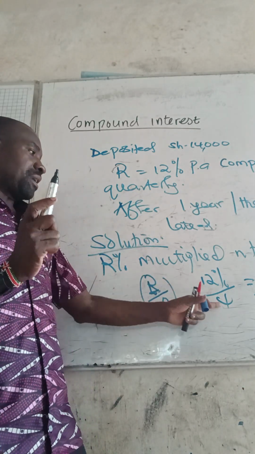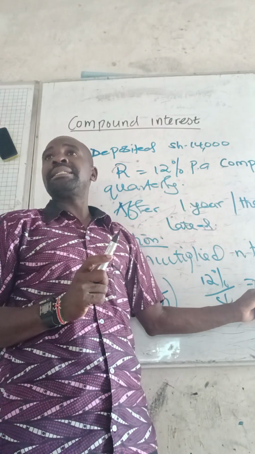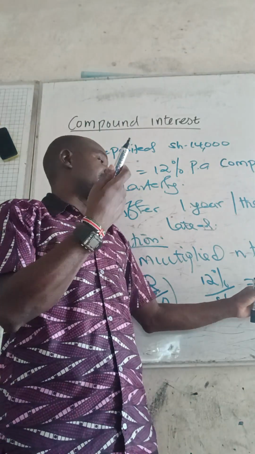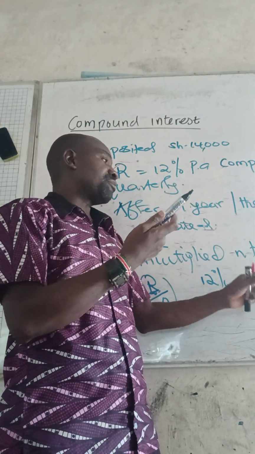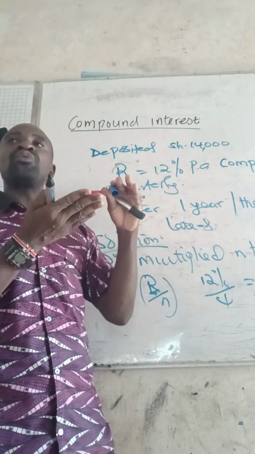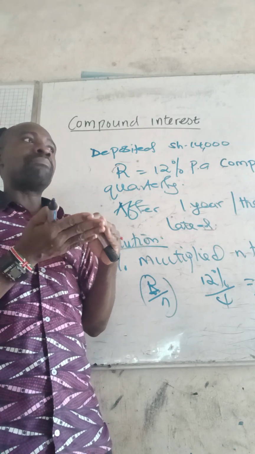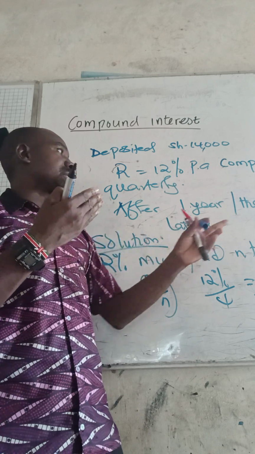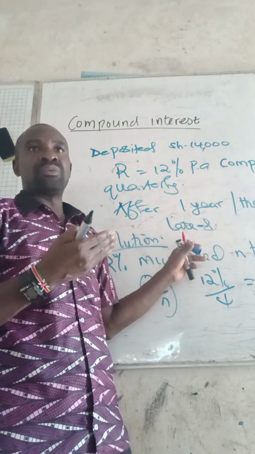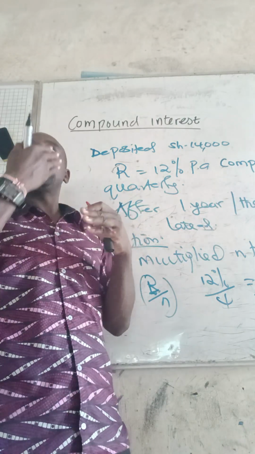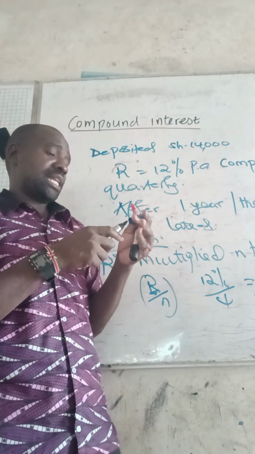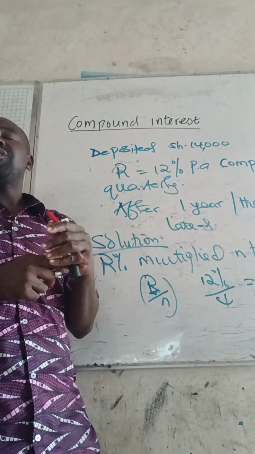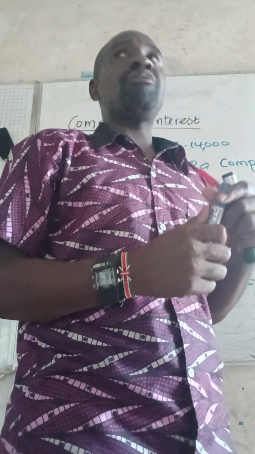So if our R is 3%, then we can calculate for the first quarter what was the interest, and by the end of that quarter, what was the accumulated amount. Then we calculate again for the second quarter all the way to the fourth quarter. I believe we can get started.